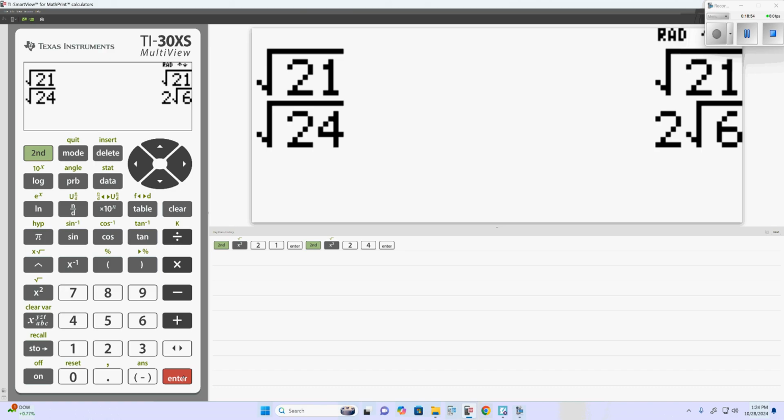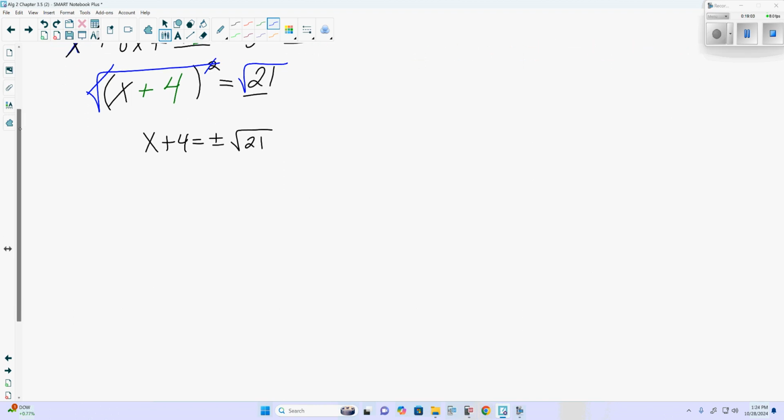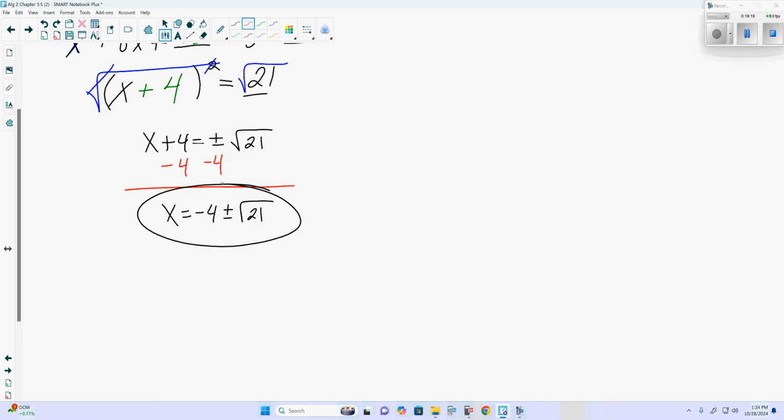If we can reduce it, we need to reduce it. And last but not least, we need to solve for the value of x, and we can do that by subtracting 4 from both sides, telling us x is equal to negative 4 plus or minus the square root of 21.